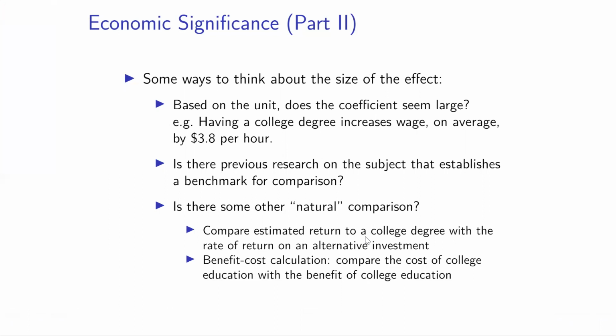Assuming that you earn $3.8 extra per hour for the rest of your life by going to college, you can compute the present value of this extra benefit and compare it to the cost of an alternative investment or the cost of obtaining a college education, to see if going to college is worth it.